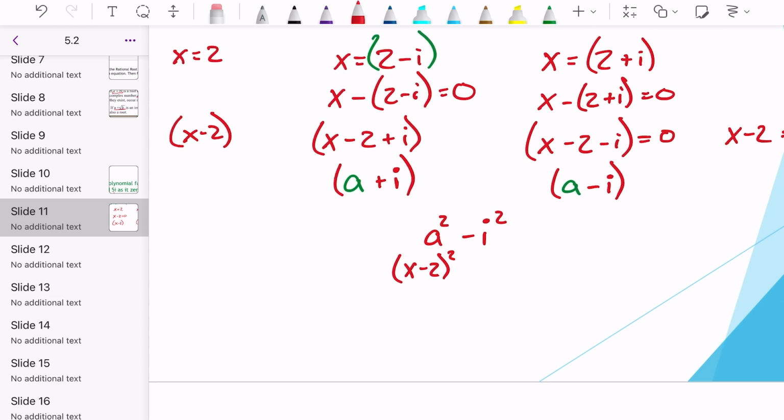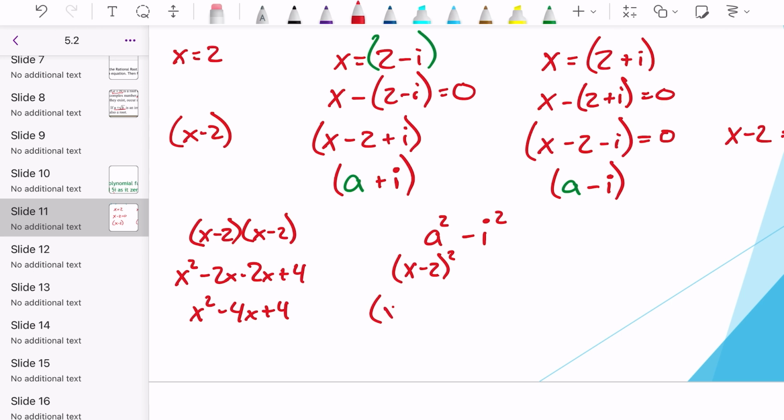This is the same as saying x minus 2 times x minus 2, which would leave us with x squared minus 2x plus 4, or x squared minus 4x plus 4. And that would be the answer for the left side. x squared minus 4x plus 4.